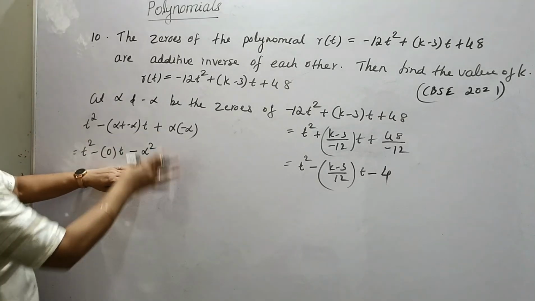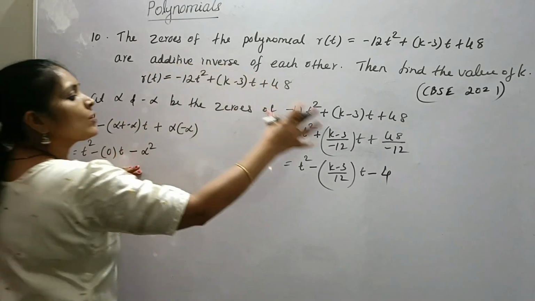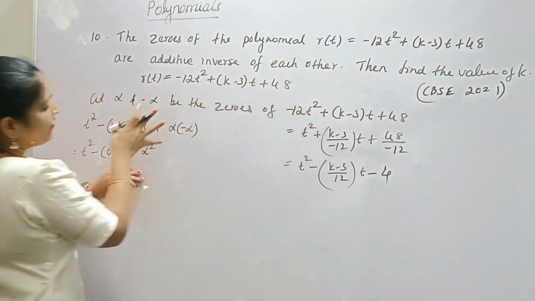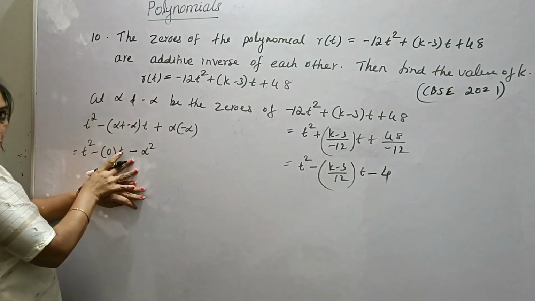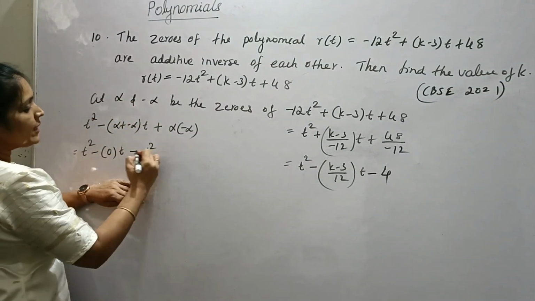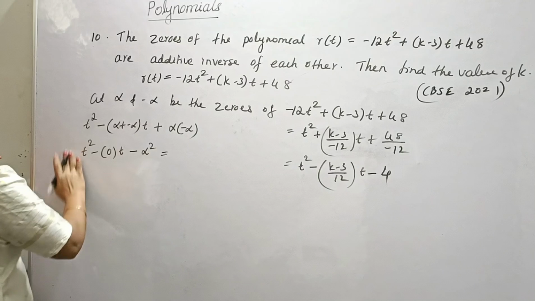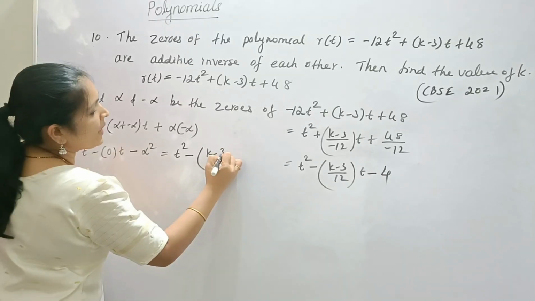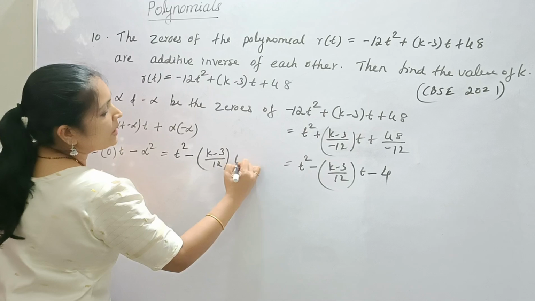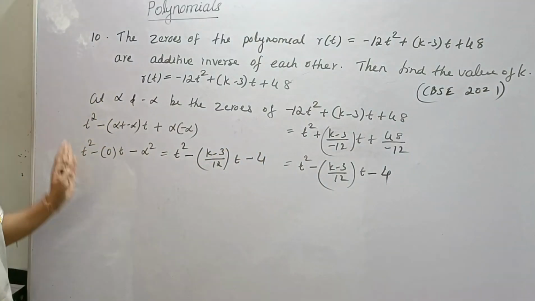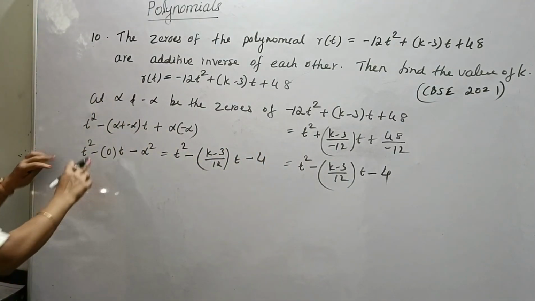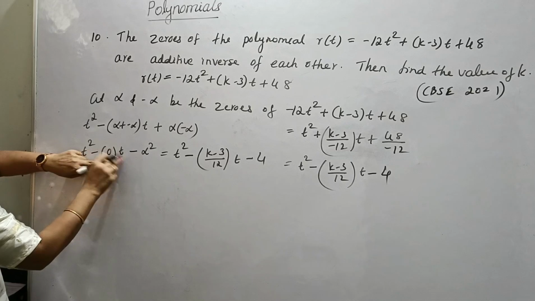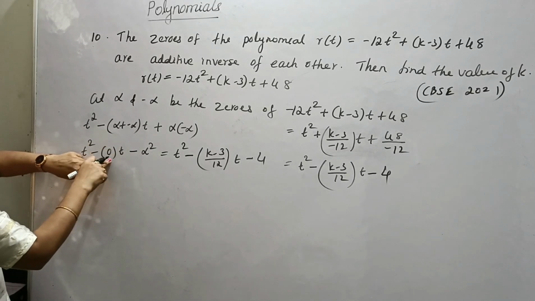Okay, and we know that alpha and minus alpha are the zeros of this polynomial, so this polynomial is equal to this one. Okay, so it is equal to t square minus k minus 3 divided by 12 t minus 4. Now comparing on both sides, here we will get, see what is the coefficient of t here? 0.